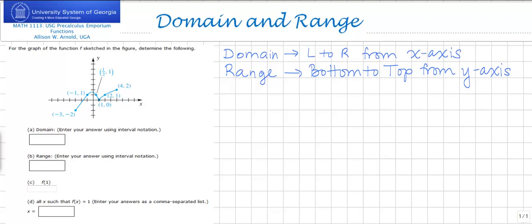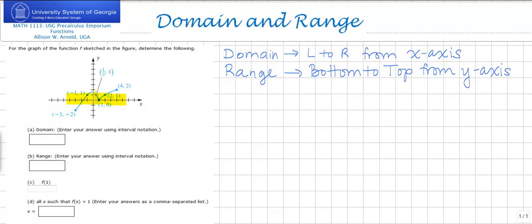If I take a look at this graph and I wish to read along the x-axis, then I'm looking at my graph in this direction, and I'm looking where does it start and where does it stop, and were there any skips or jumps.